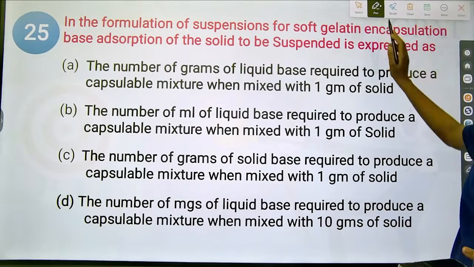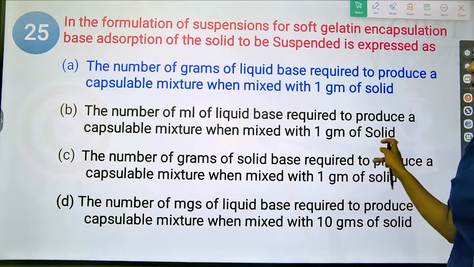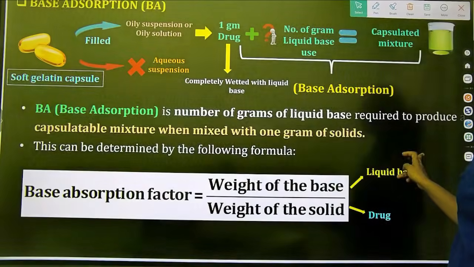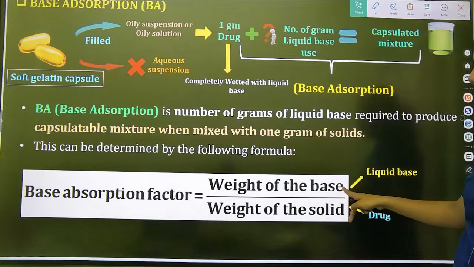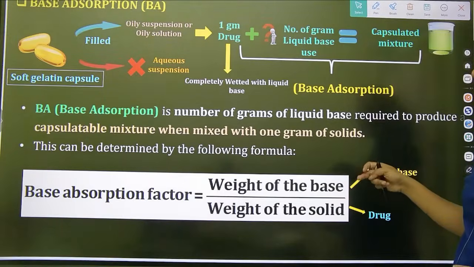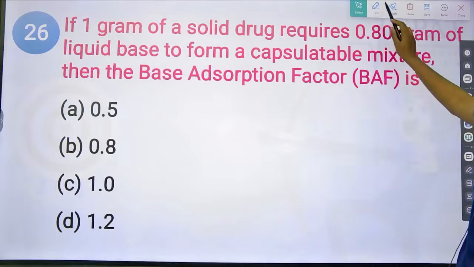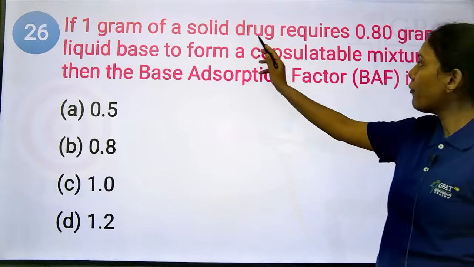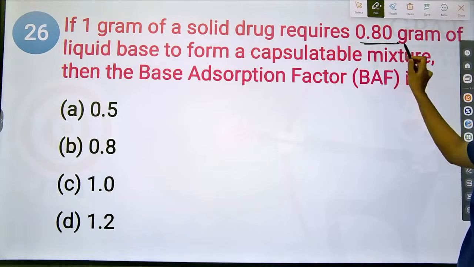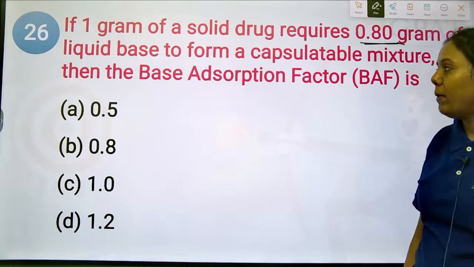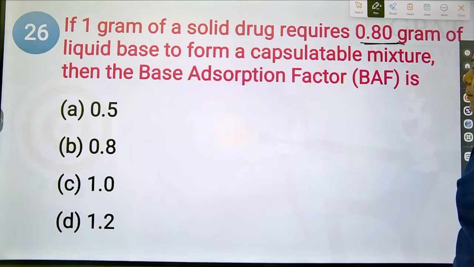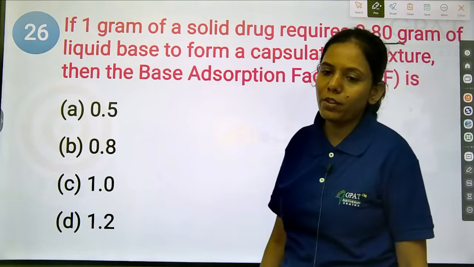Very good, option A is the right answer. That is your base adsorption. So base adsorption, weight of the base is your liquid and weight of the solid. Chalo, if 1 gram of solid drug requires 0.8 gram of liquid base to form a capsulable mixture, then the base adsorption factor is.